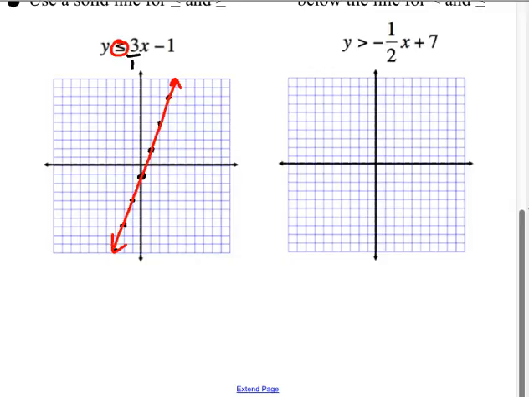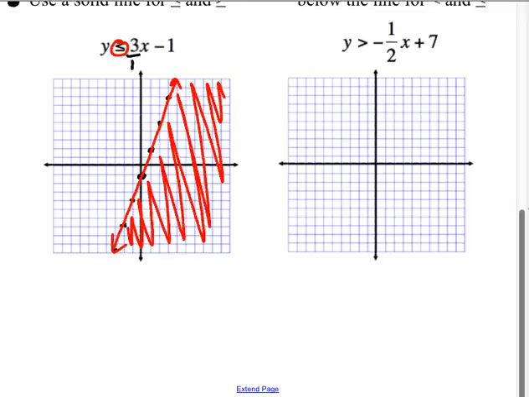Now I also look at the inequality and see that y is less than my line. Less than meaning underneath. So I'm going to shade the underneath area of my line. And that is my solution region. And I'm done.